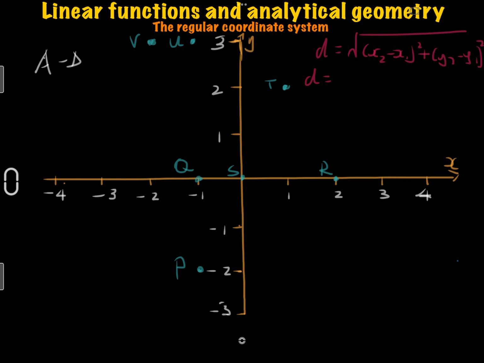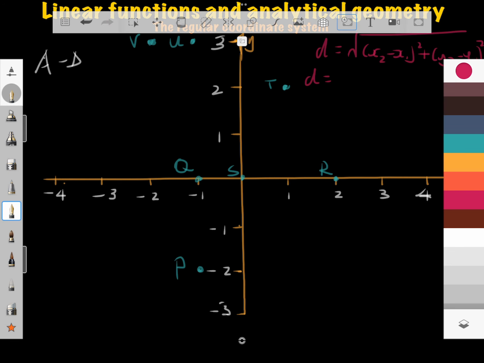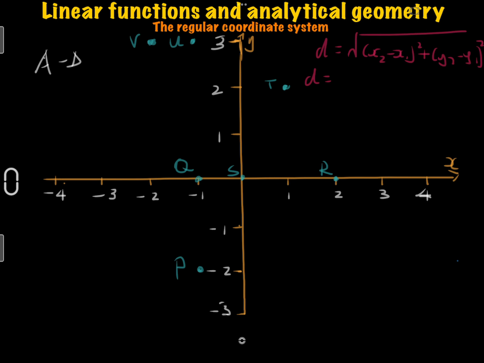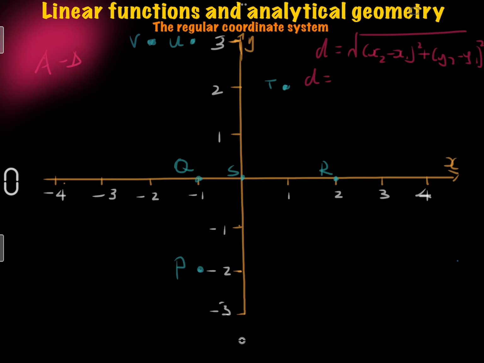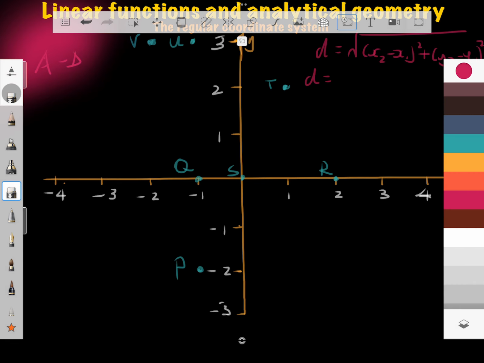Looks like we didn't get A. The question asks us to look for A. Okay, it looks like there's a second example that we're going to be looking at shortly. But suppose that we need to find the distance between, say, V and R.